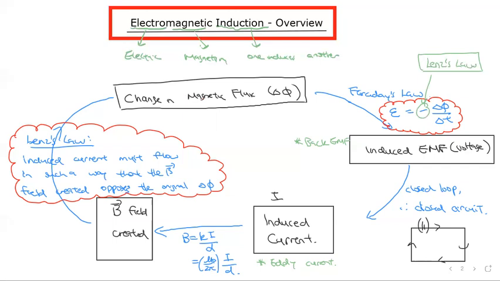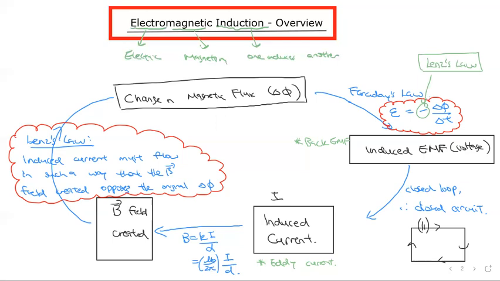We'll do more practice on Lenz's law, and we'll do more questions and more explanation on that. But this is a good overview of all the elements of electromagnetic induction to make sure that you get an idea of where everything fits, because there's a lot of aspects to it and they all relate to each other.